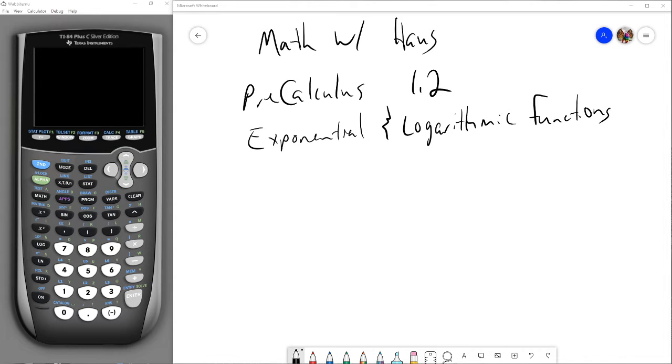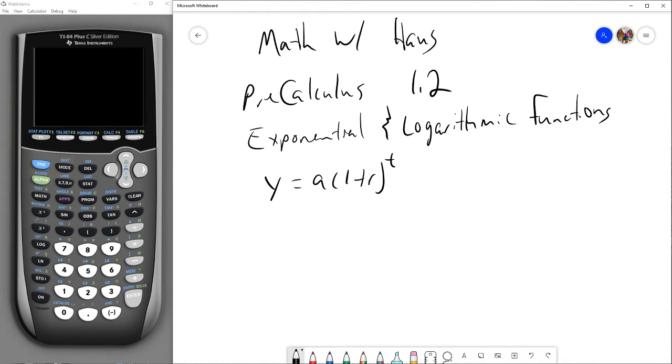Alright, so in our first video, we saw that the general formula for exponential functions is y equals a times the quantity of 1 plus r to the t.